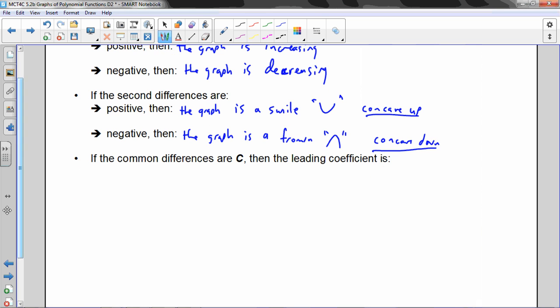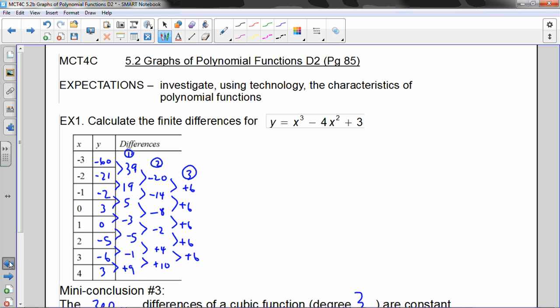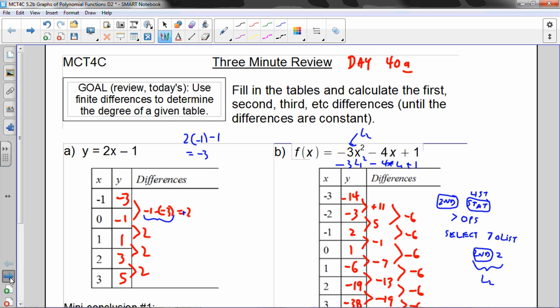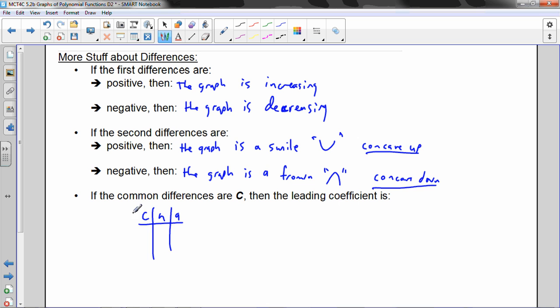Next, if the common differences are c, then the leading coefficient is, well, this is a bit of a strange thing. So the common difference is c. Let me just write the ones that we've got, the ones that we saw from the warm-up and the 3-minute review and the lesson so far. If c is 2, that was what the common difference was.